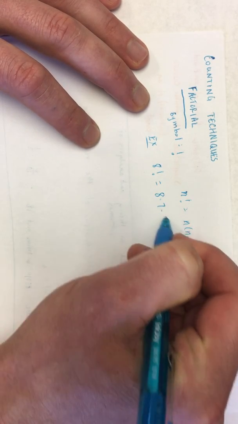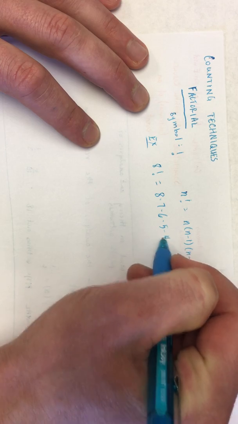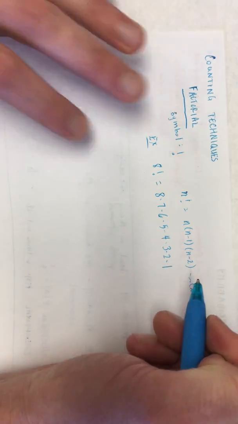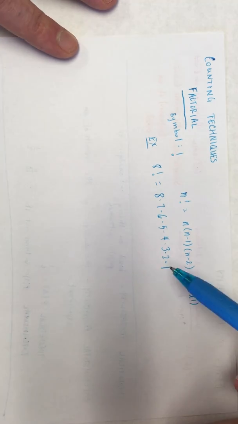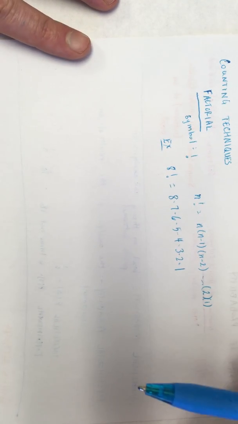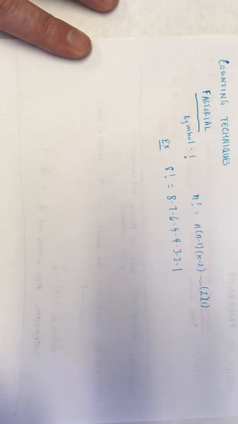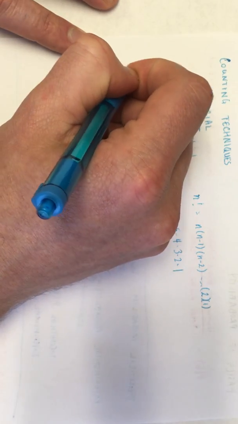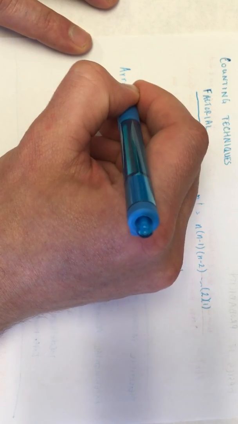Let's say 8. 8 factorial would be 8 times 7 times 6 times 5 times 4 times 3 times 2 times 1. And this is just a shorthand way to express a product. It comes up when we start counting different things. There are certain scenarios where the counting really matters, and it can be summarized mathematically.